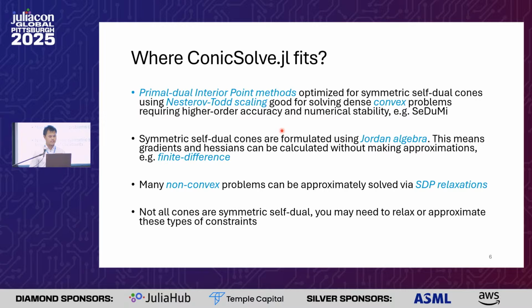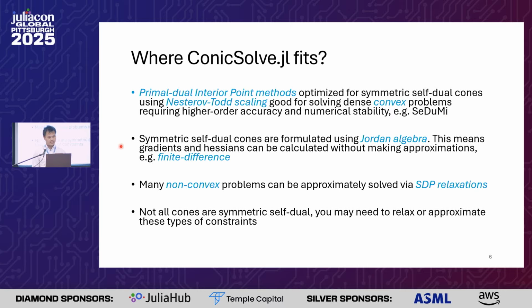The reason for this is applications that require high order accuracy and numerical stability. If you've worked with something like SeDuMi or Mosek, they employ similar methods for solving these problems. But as you may know, SeDuMi is implemented in MATLAB, and Mosek is a proprietary solver.